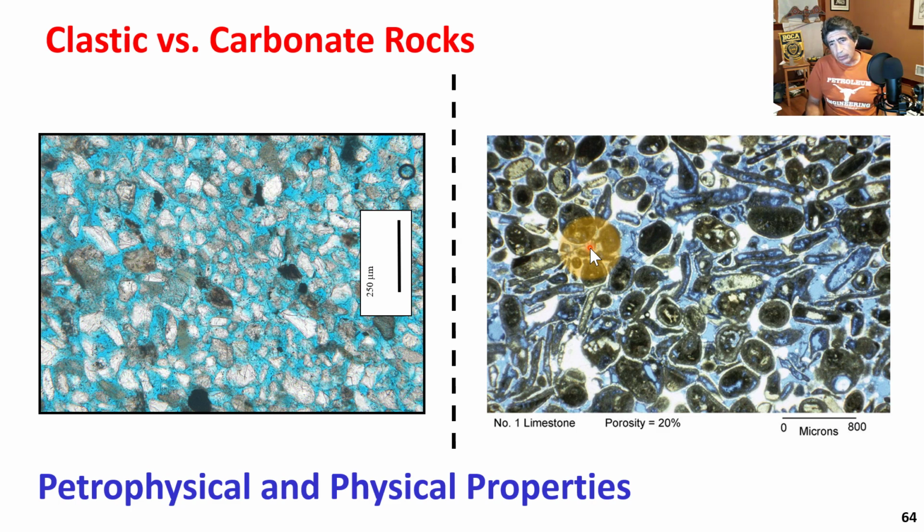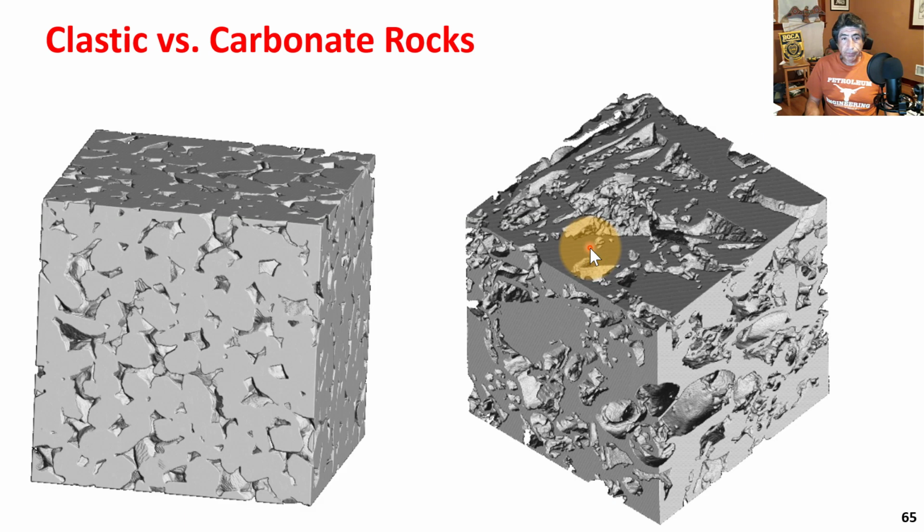So all of these properties are going to vary significantly from one case to another, and also we're going to be able to extrapolate the parametric models for petrophysical or physical properties over a wider or narrower range of variability.